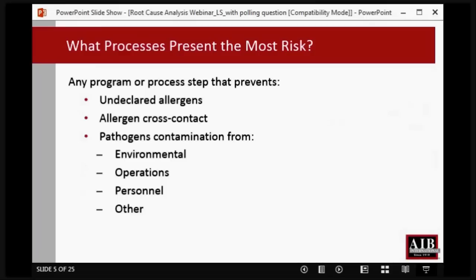And if we're talking about pathogens, certainly the environment of the plant, the structure, the traffic patterns, how we operate. In other words, are we operating in a clean and hygienic manner? And then, of course, personnel, good personal hygiene. And there could be a myriad of other issues that could or need to be addressed to make sure our food is safe.